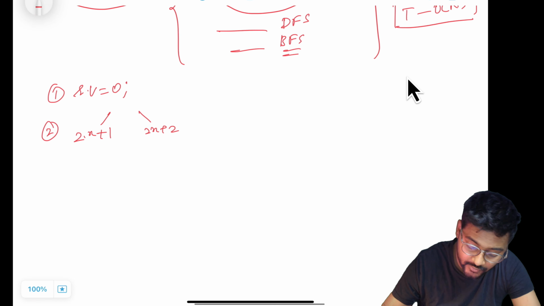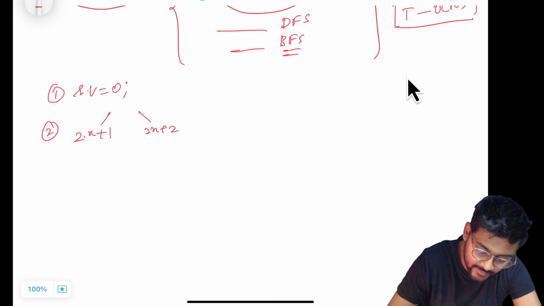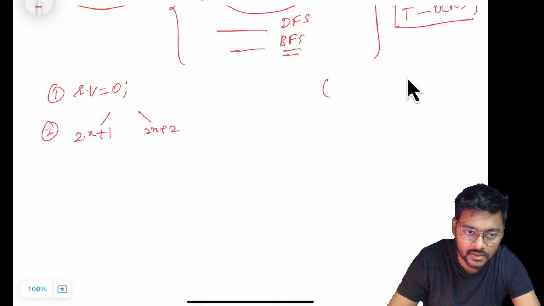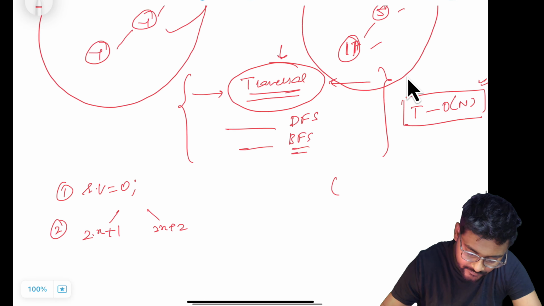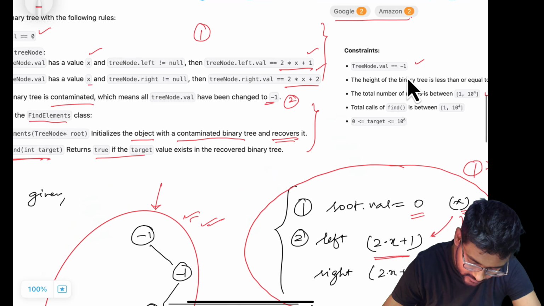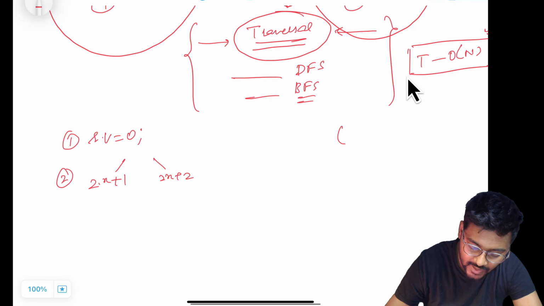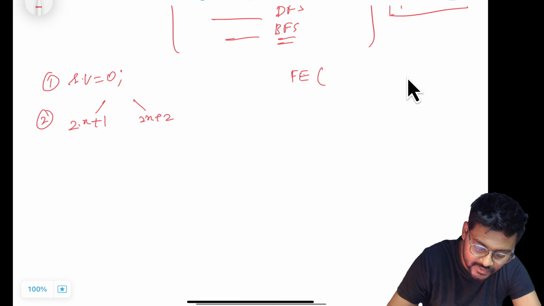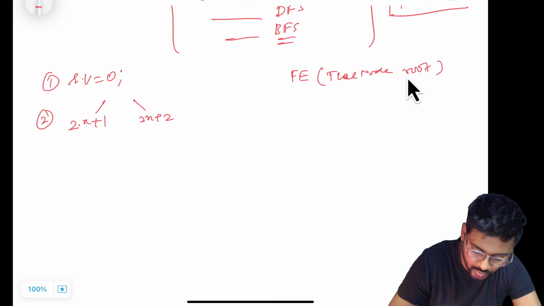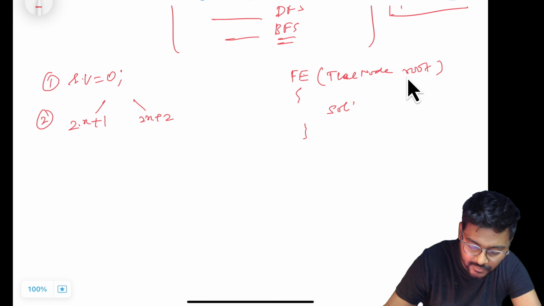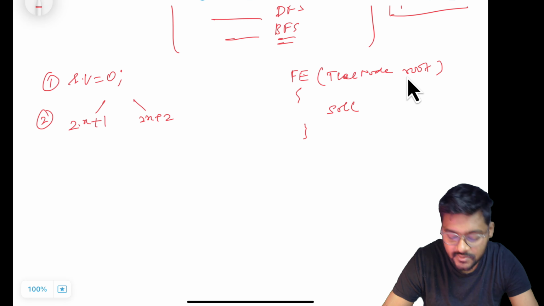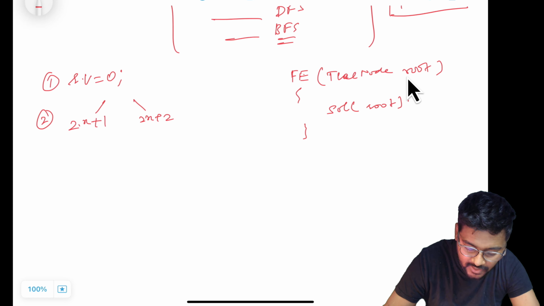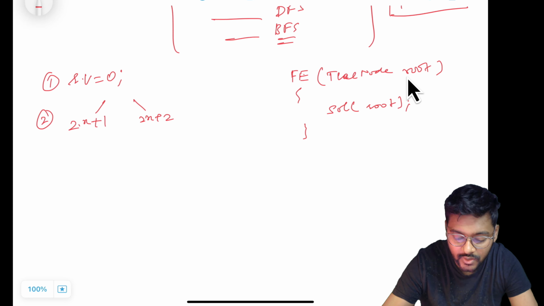See, this is something we have to do, and let's say if I have to recover this binary tree, then I'm getting some tree in our function. Let me implement the same class as well. The class is FindElements, and FindElements is going to take a TreeNode root, and it is a constructor not doing anything else. So let me call a solution function which is going to recover this binary tree, and while recovering it we just have to do an iteration or traversal.